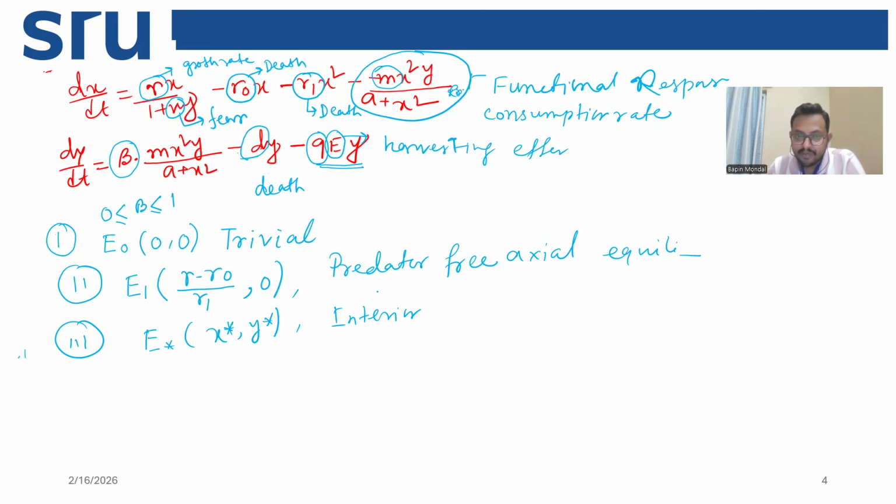So we find the Jacobian matrix at each point, and first we find the eigenvalues. After finding the Jacobian and putting in (0,0), the eigenvalues of E0 are r minus r0, and second one is minus e q minus d.